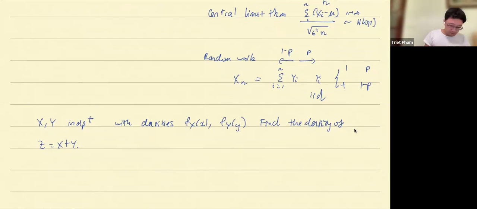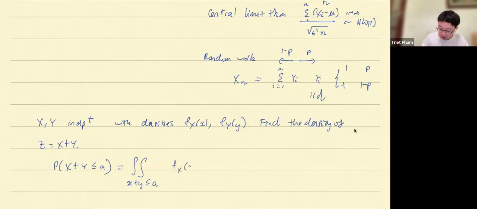First of all, of course, we start at the CDF level. You want to find the probability that X plus Y is less than or equal to a number a. It will be the double integral over the region X plus Y less than or equal to a of the joint density, but the joint density is a product because they're independent.